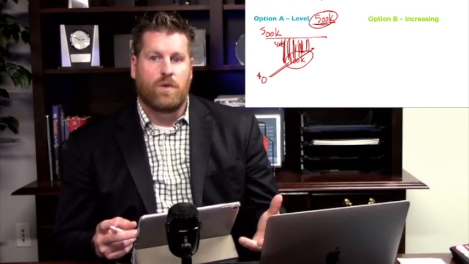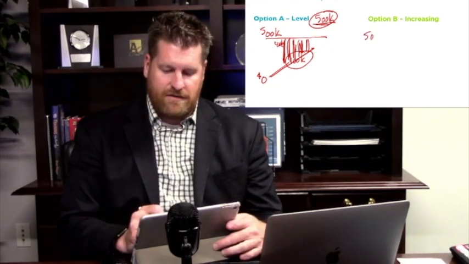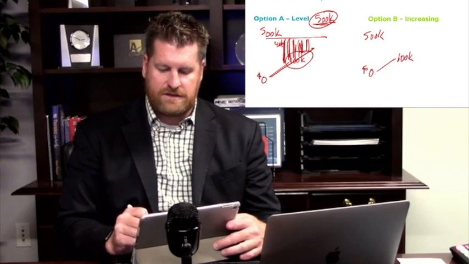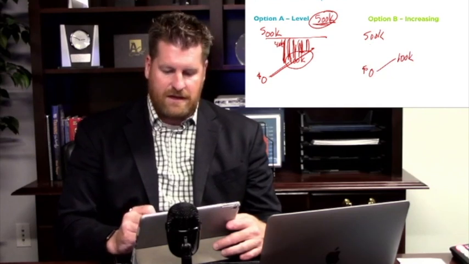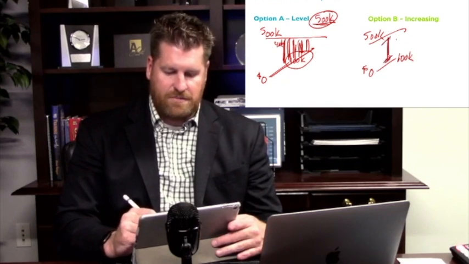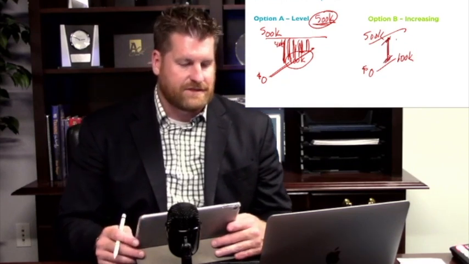Whereas with increasing, you have the same $500,000 and zero cash, and then you have $100,000 in your account. You're always going to have $500,000 on top of whatever your cash is.